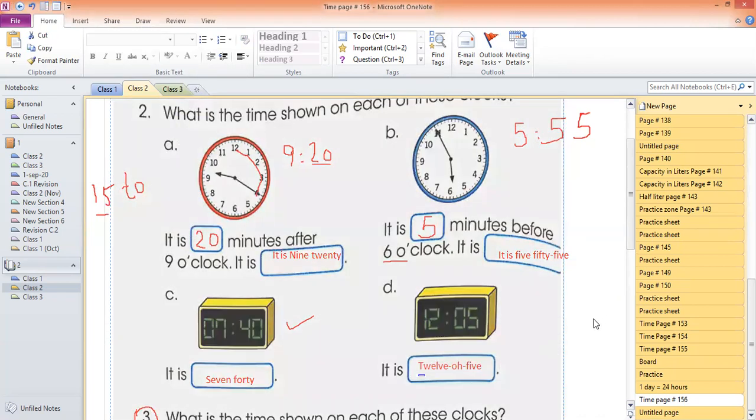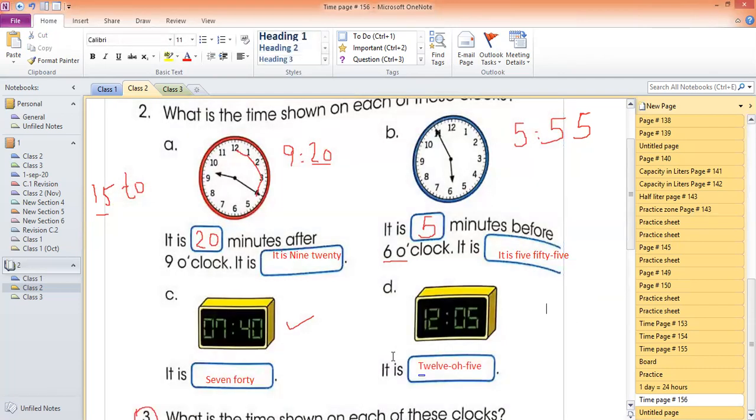Or you can also say, guys, it is 5 past 12. If you write it is 5 past 12, that is also correct. Sorry, I wrote it is 2. It should be only 5 because it is already written here.